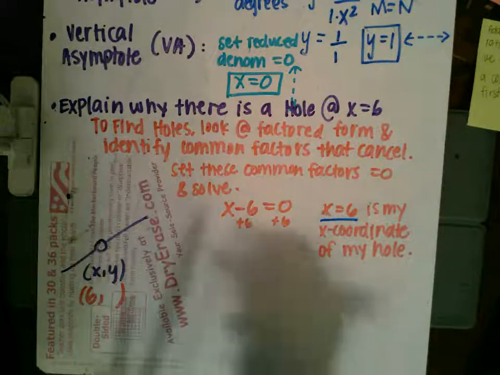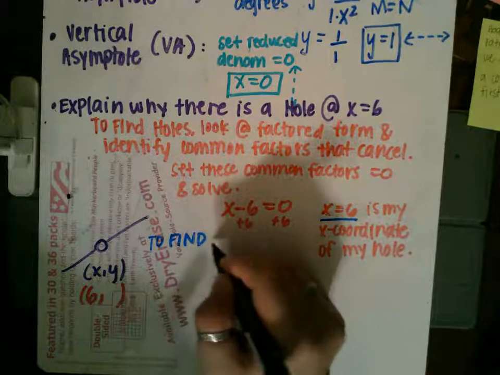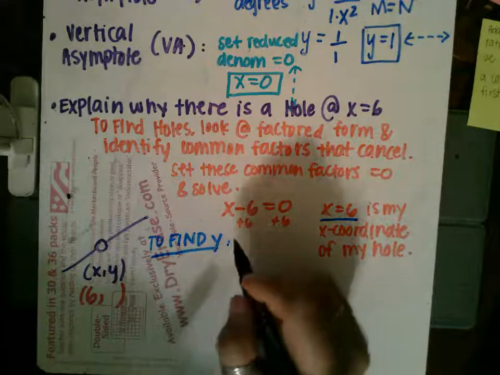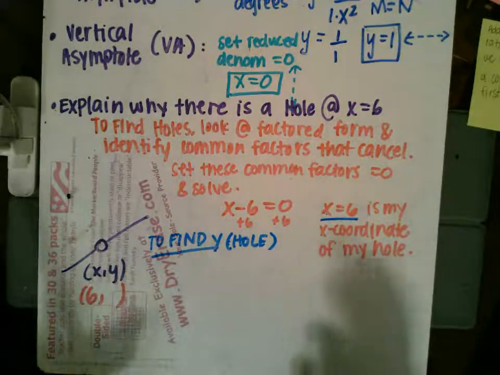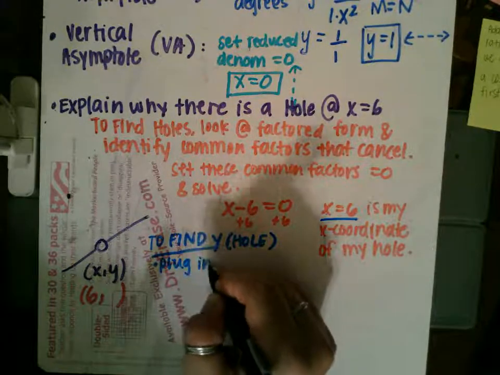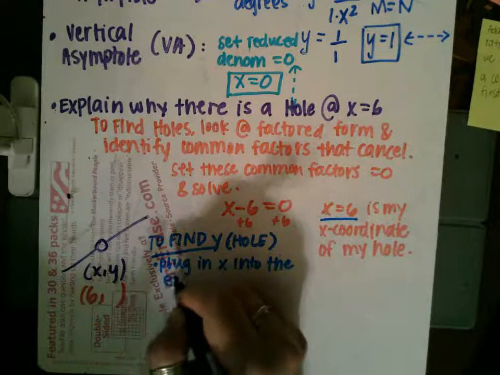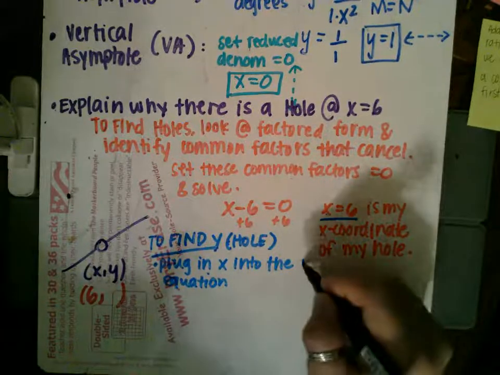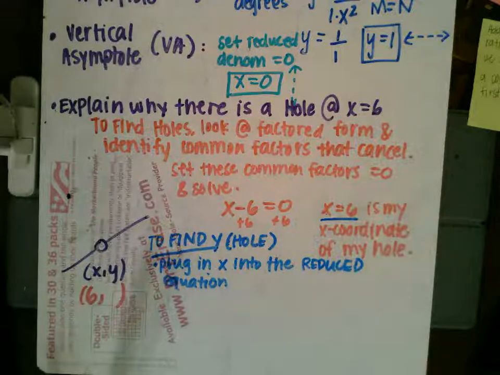So to find y, and this is for the hole, or just in general, if you need to find a y coordinate for anything, we're going to plug in x into the equation. But not just the original equation, into the fully reduced equation.